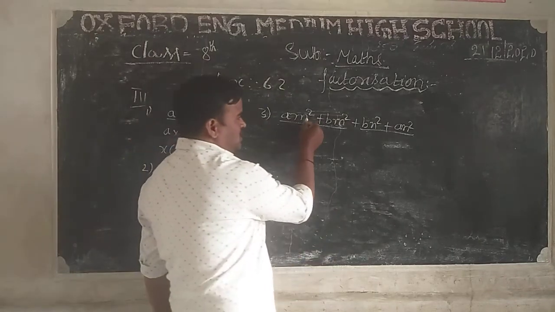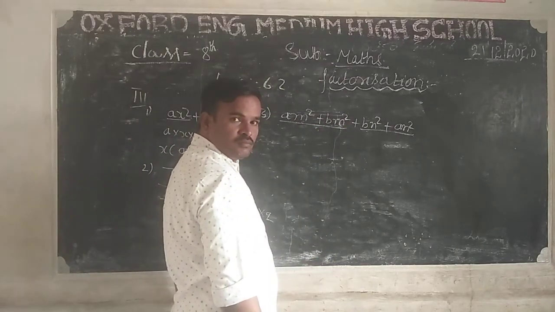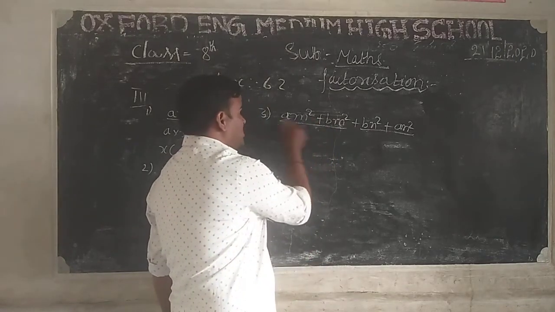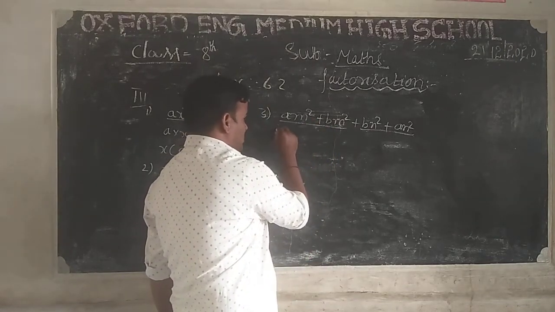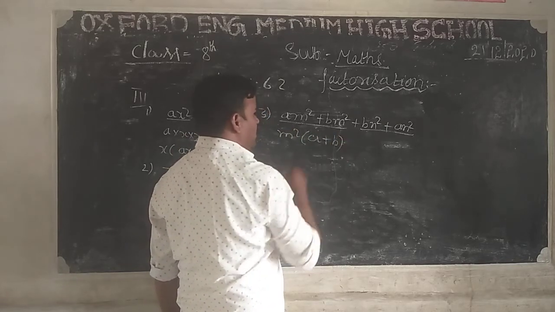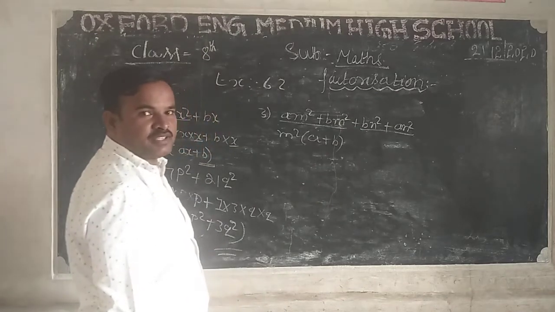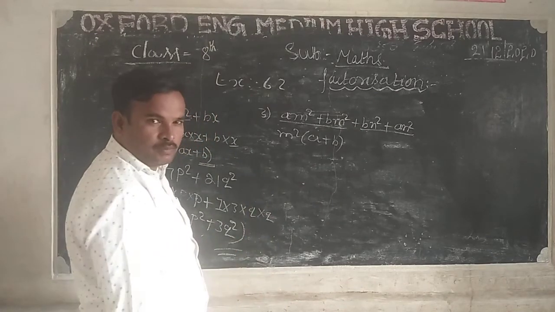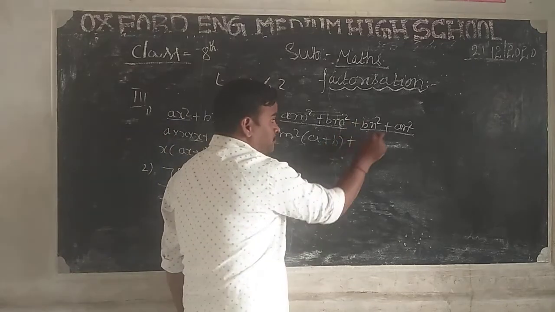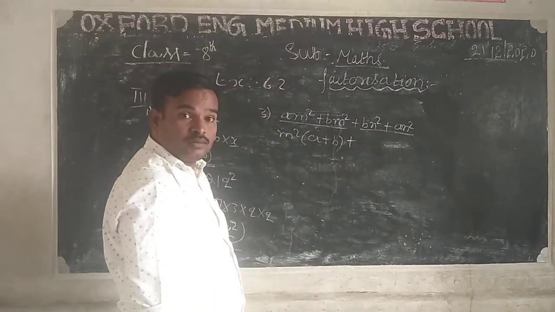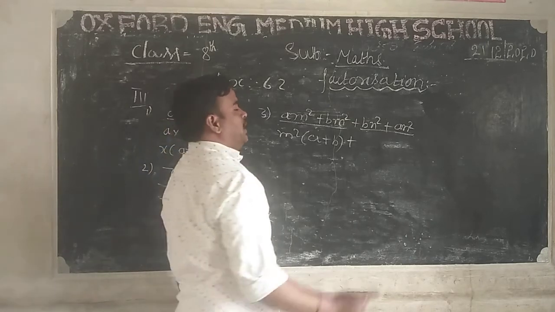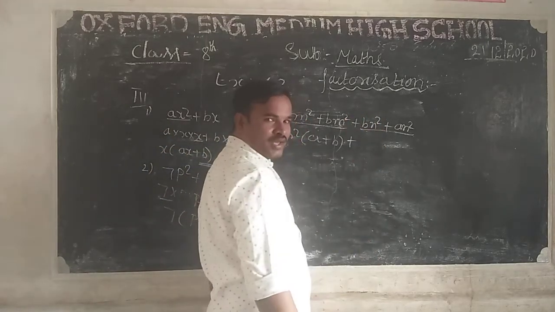In the first group, which is the common factor? m square is the common factor, right? That m square we take outside: m square into (a plus b). And in the second group, what is the common factor? You think it. Yes, that is n square.